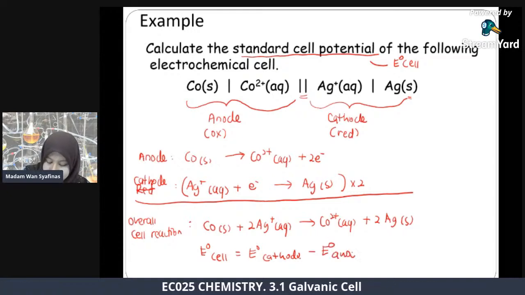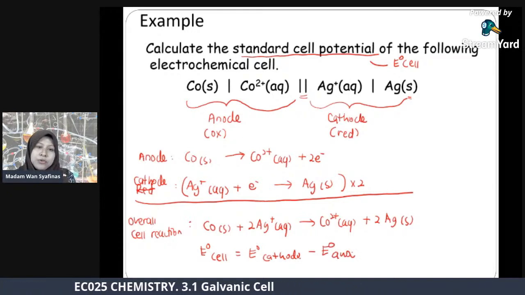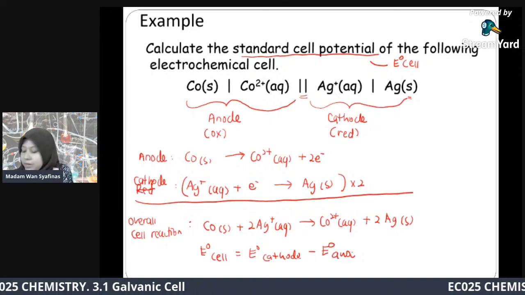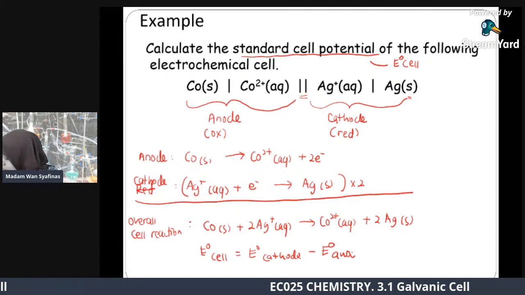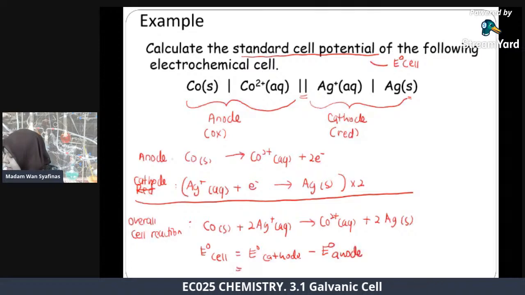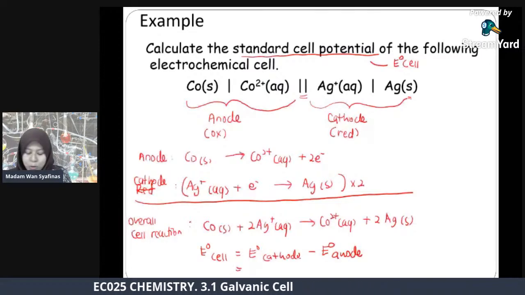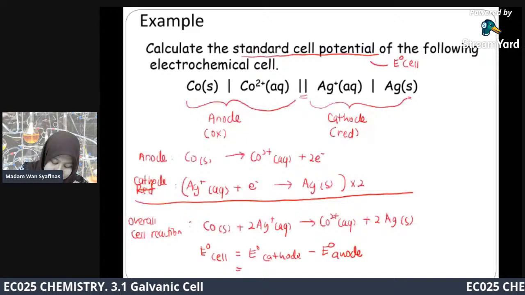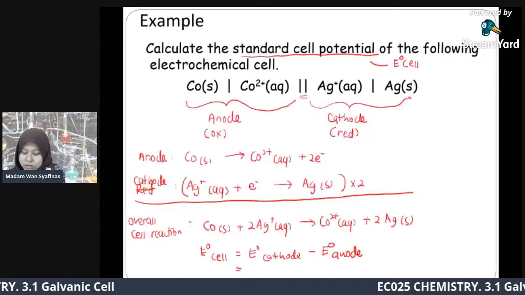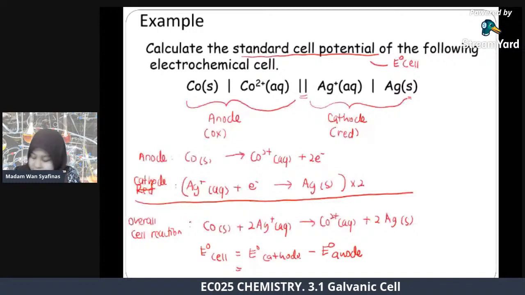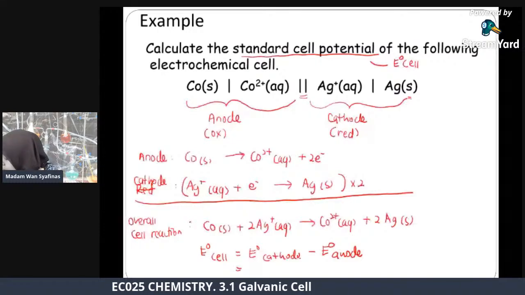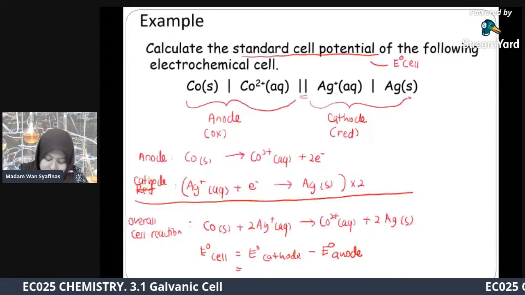Okay, so cathode. So the value of cathode you have to refer the standard reduction potential. So the value for cobalt is negative 0.28, minus, so the value for silver, cathode we have silver. So silver, the value of silver is positive 0.80.